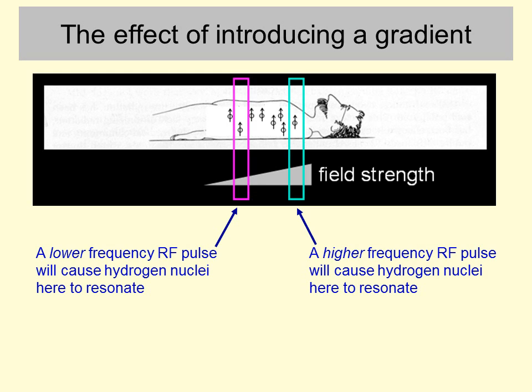So because the magnetic field is now stronger up at this end than it is down at this end, we actually then have a higher resonant frequency of our hydrogen nuclei up here than we do for the ones down here. So now we can tightly tune the frequency of the energy pulses being emitted by the RF coil to correspond to the resonant frequencies of these hydrogen nuclei in different locations in the body.